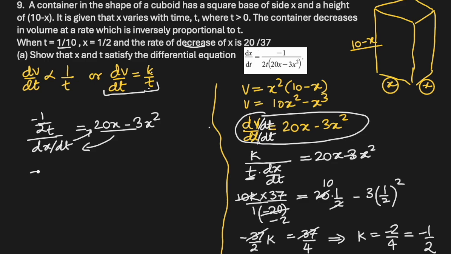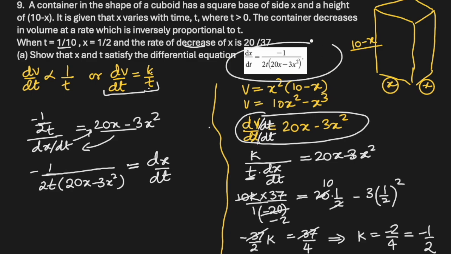So minus 1 over 2t multiplied by 20x minus 3x squared equal to dx over dt. And exactly this is what they wanted us to show. So we got it.